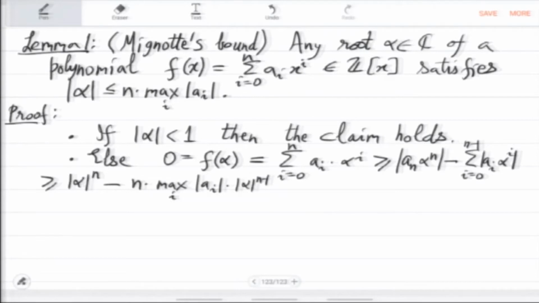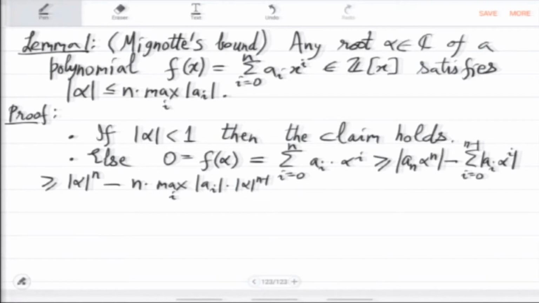So here we are doing two things. One is that the norm of a_i will be at most max over all the a_i's, and the norm of alpha to the i will be at most alpha to the n minus 1. This is because alpha's norm is at least 1. And then there is a minus sign, so the inequality is correct.